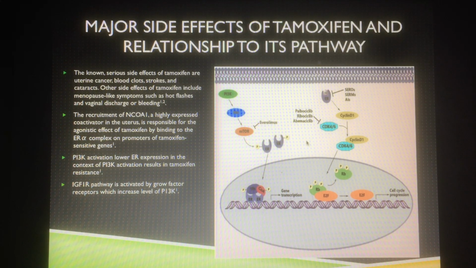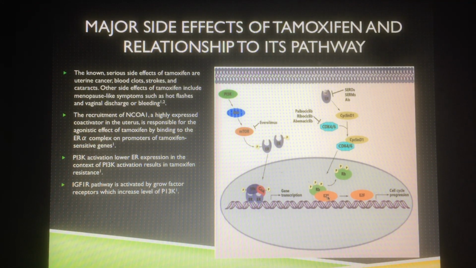Another thing is that whenever growth factors bind to the ER or hormones bind to the ER, they send signals for cyclin D to bind, and this creates the CDK4/6 bound to cyclin, and this complex phosphorylates the RB protein.